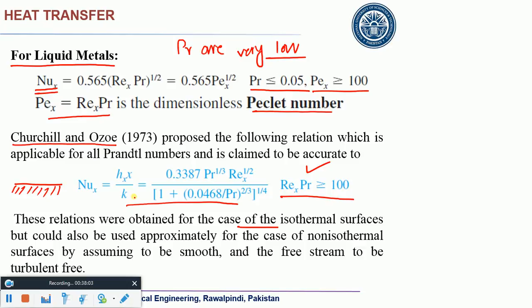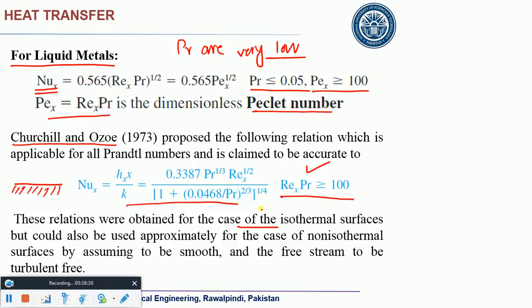Those relationships are generally applicable for isothermal plates. Isothermal plates means the whole plate has the same temperature. But you can also use some relationships for non-isothermal plates, not this one. You can use the Churchill and Ozoe one. This relationship can be used for non-isothermal plates as well.